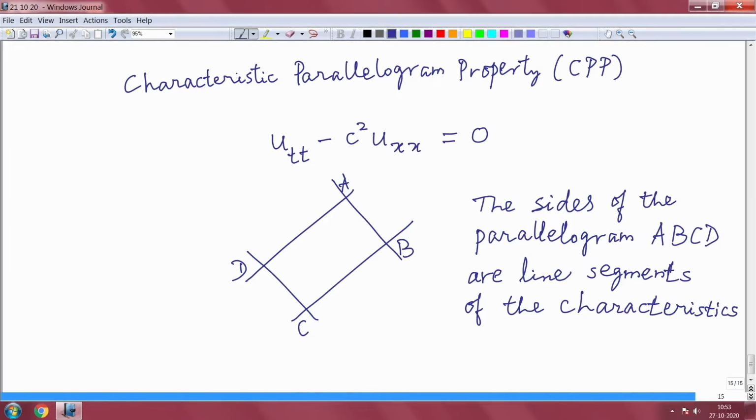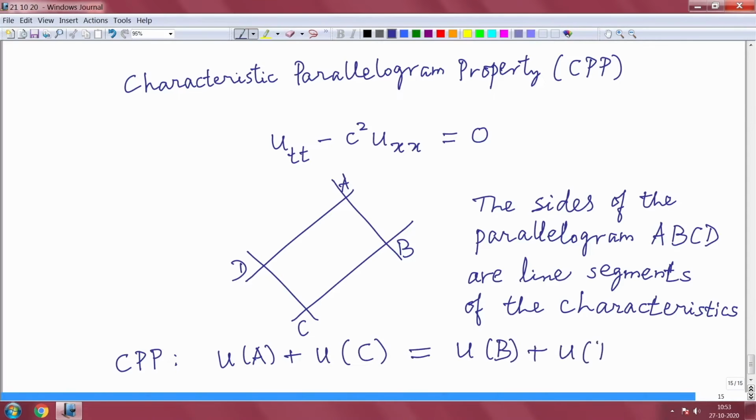Okay. Then the important property CPP states that U of A plus U of C equal to U of B plus U of D. So, you consider any solution of the wave equation and then you evaluate the solution at the opposite vertices A and C, and B and D, then you add them.